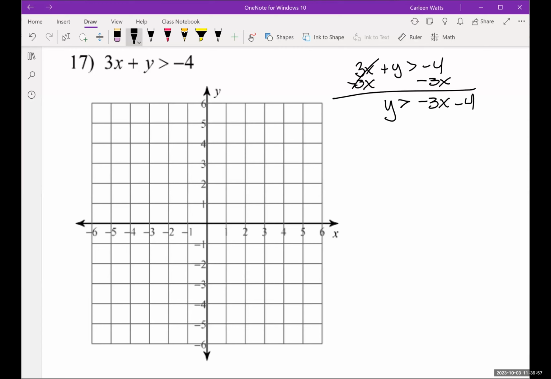Okay, so the y-intercept is negative 4. The slope is negative 3 over 1 or 3 over negative 1.